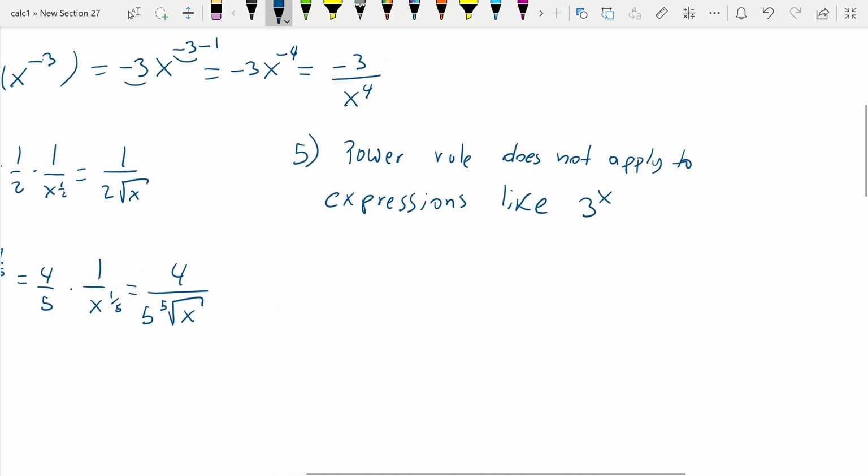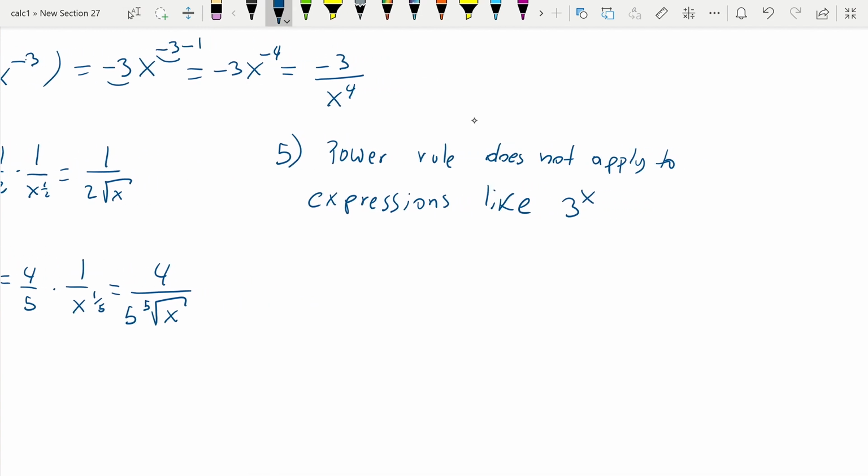A very easy way to remember this: this is the mistake. People are asked to differentiate this, and they write x times 3 to the x minus 1. Okay, so this is completely wrong. This is incorrect.